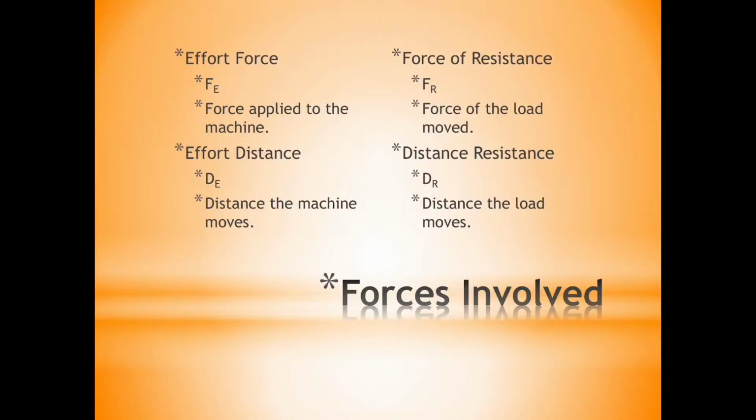Force of resistance, or resistance force, we symbolize with an Fr, and this is the force of the load moved. Basically, this is just the weight of the load, whatever that may be. And distance resistance is symbolized as Dr, and this is the distance the load moves.